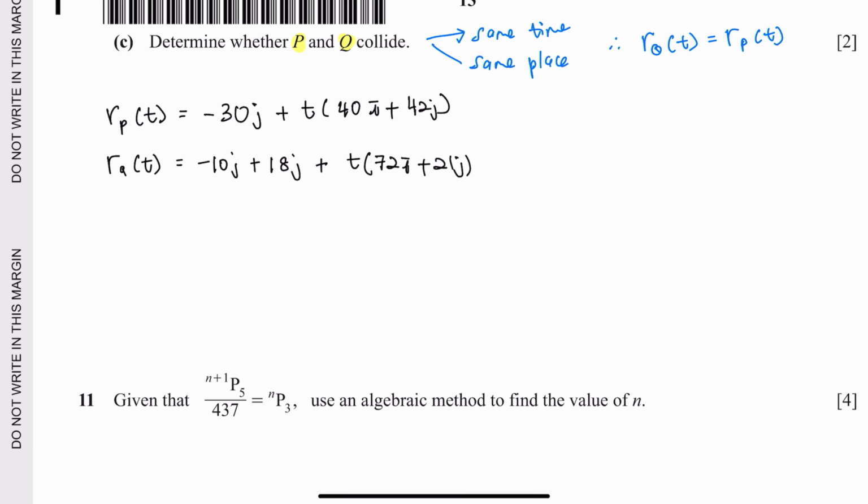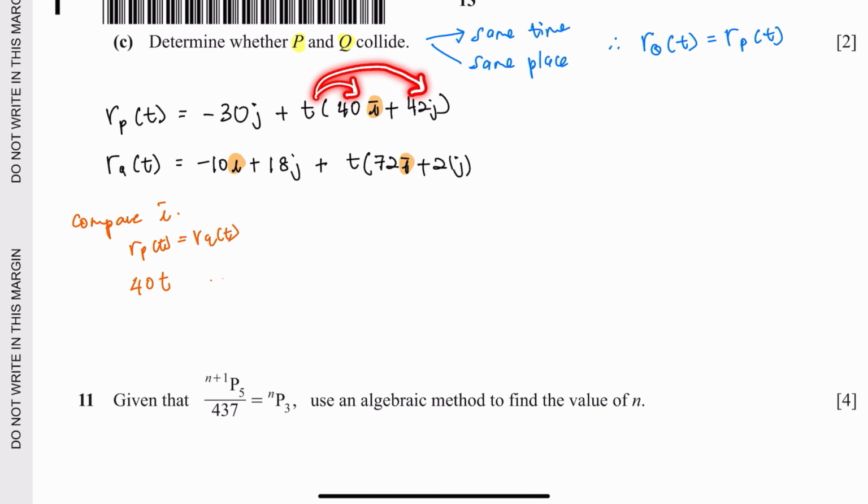Here we will compare the i and the j. Now we're going to compare the i. So I have i here, and i here. Compare i. Since RP is equal to RQ, 40t. Don't forget to bring the t inside because t belongs to both i and j. And then equal to negative 10, 72t.